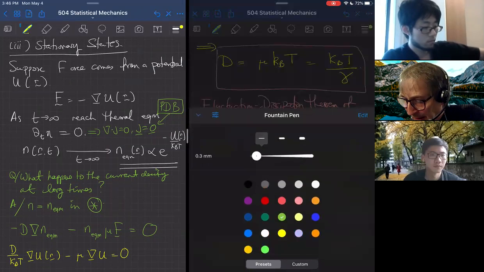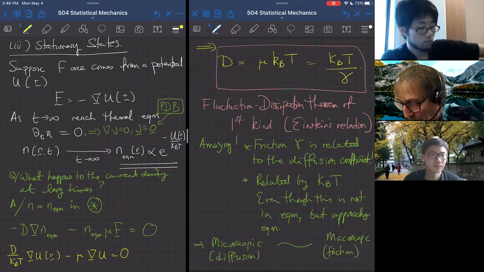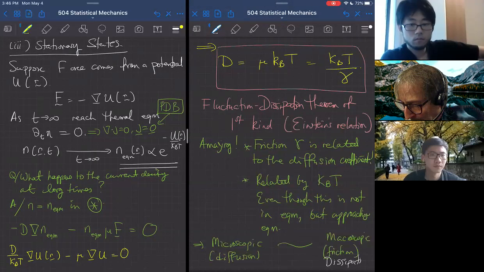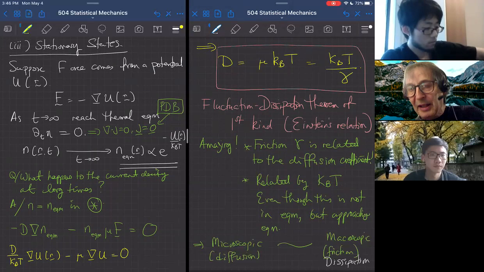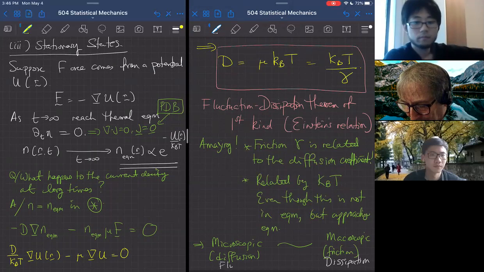And this friction, of course, causes friction and Joule heating and so on. So this relates to dissipation. And diffusion is how particles move around, so this is related to fluctuations. And so somehow there's a connection between these things.